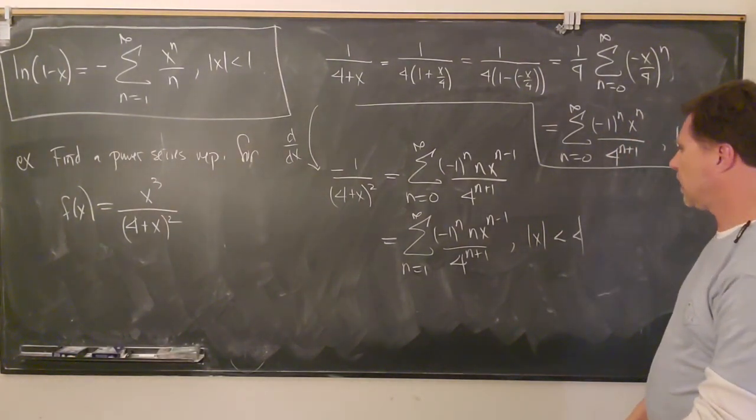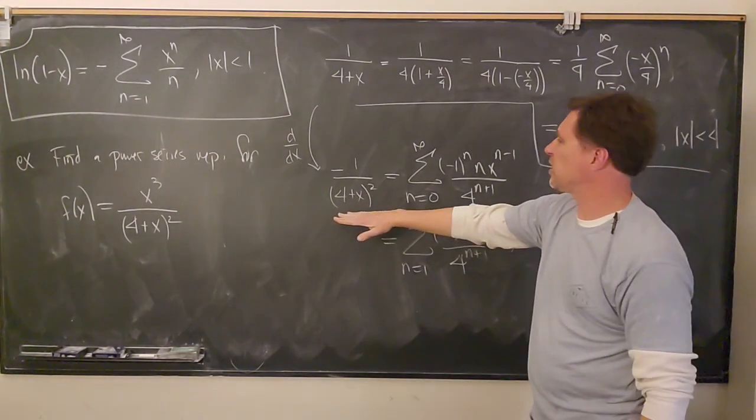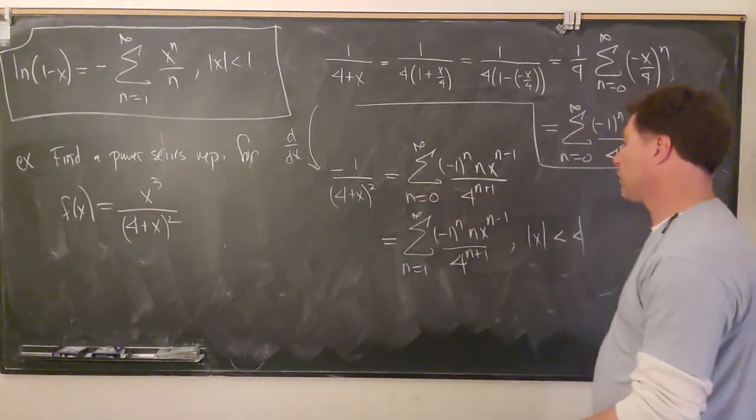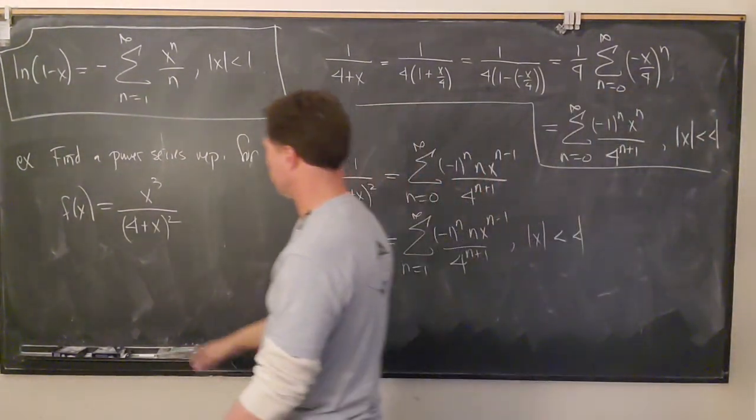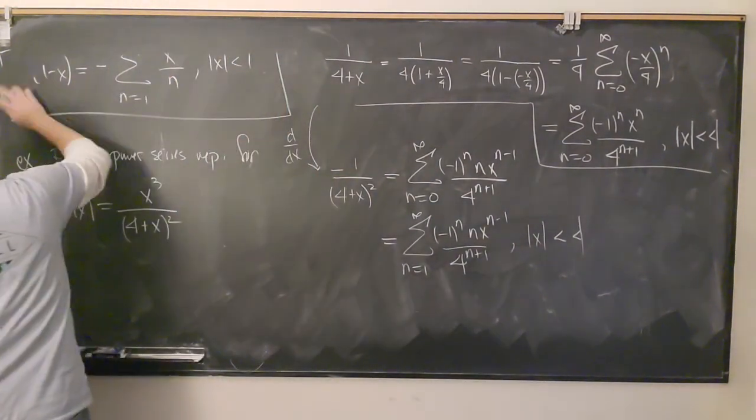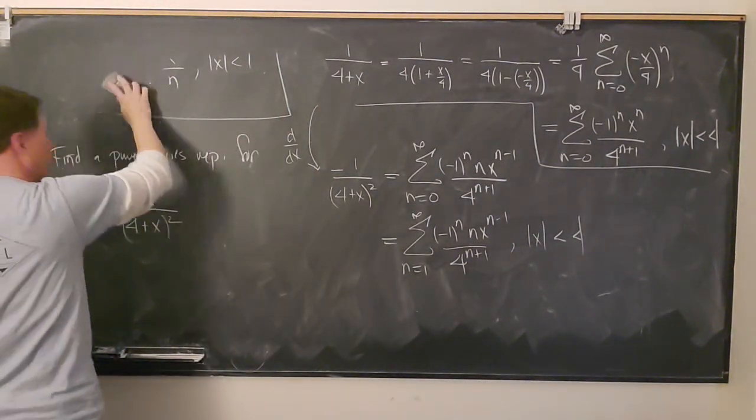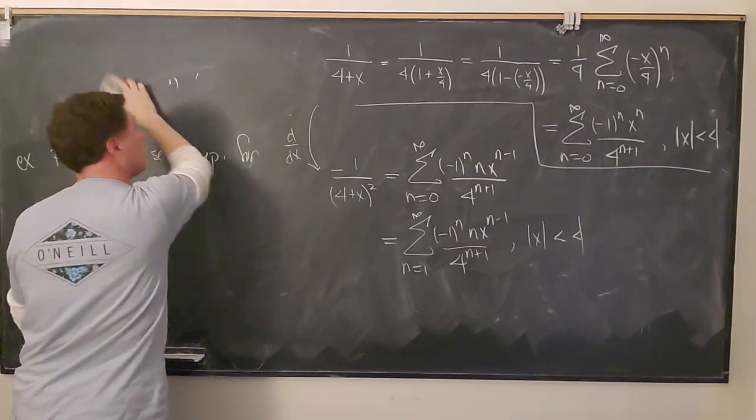All right. Now I have a power series representation for negative 1 over 4 plus x squared. Let's get rid of that minus sign, and then we'll multiply by x cubed and we'll be done.